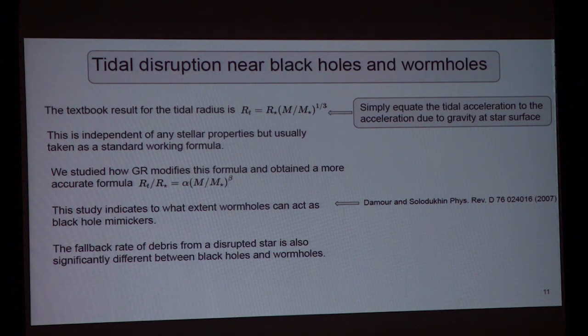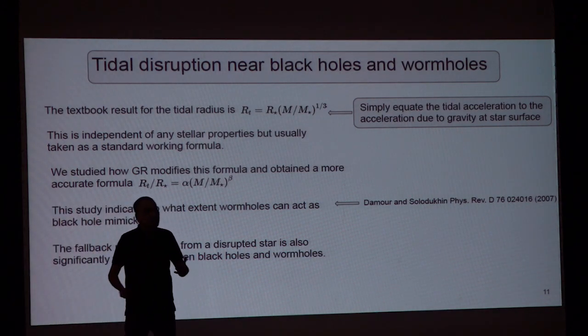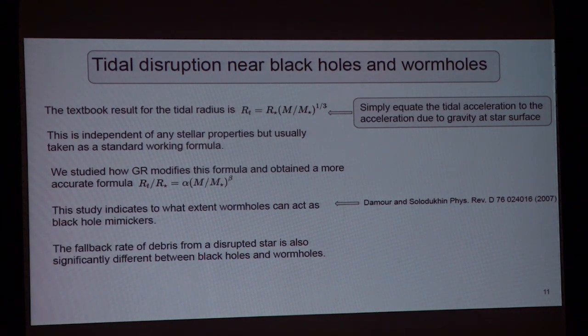We studied how GR modifies this formula by writing down the hydrodynamic equations and solving them iteratively, studying to what extent the tidal potential is modified to a more generic formula like r tidal by r star, as a dimensionless quantity, is alpha m by m star to the power beta.